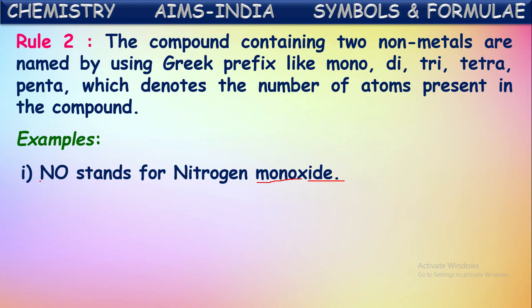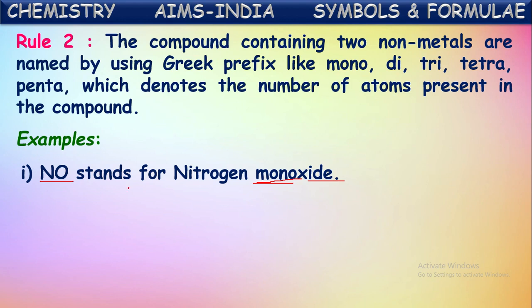In this compound there is one nitrogen atom and one oxygen atom. For the first non-metal, we need not mention it if it is only one. For the second one, we mention mono, di, or tri. Here one oxygen atom is there, so we mention mono. Now its name becomes nitrogen monoxide.